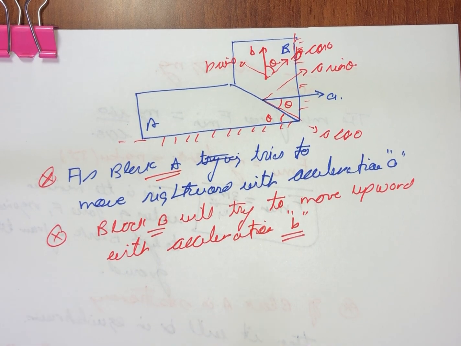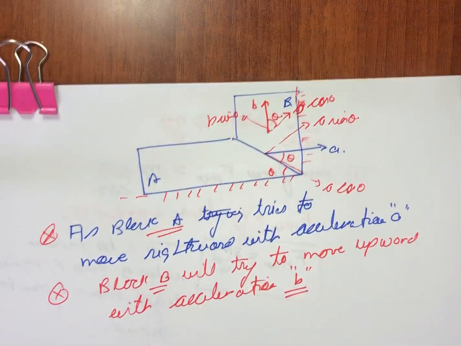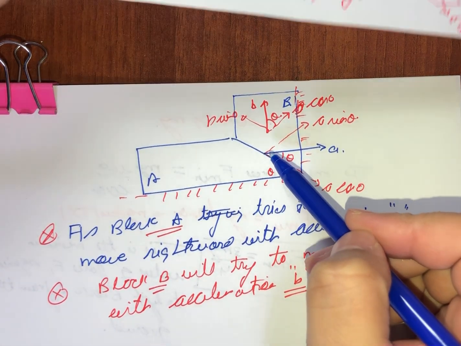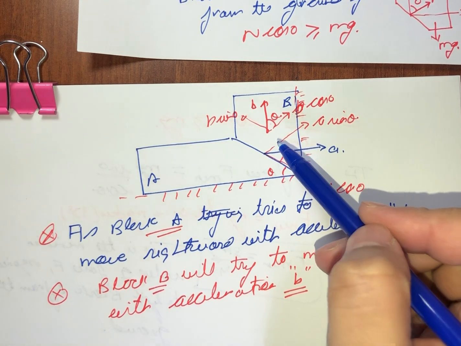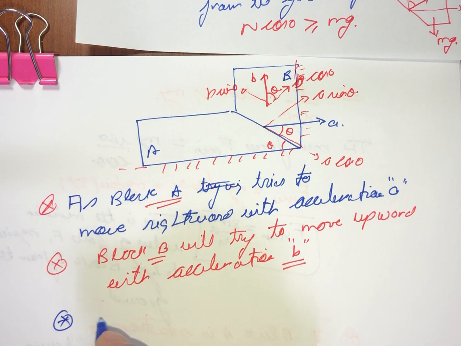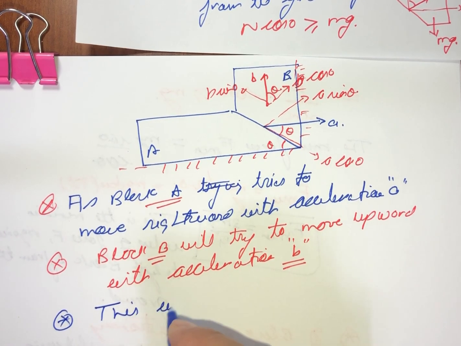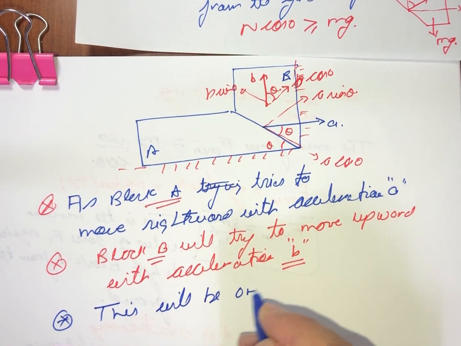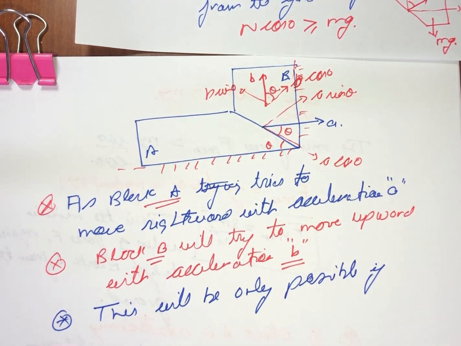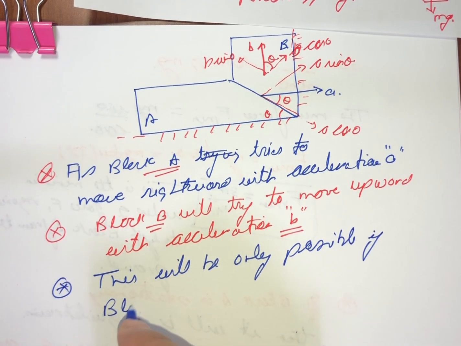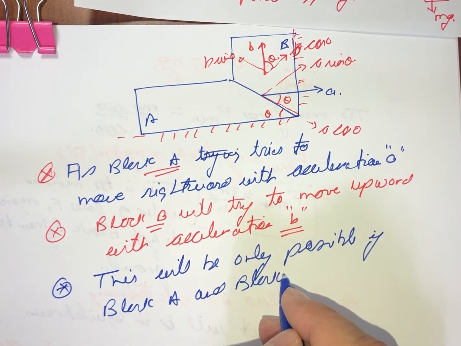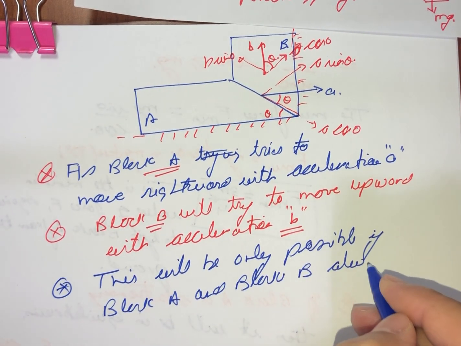Now the important thing is that both the blocks should be always in contact with each other. This will be only possible if block A and block B always remain in contact.